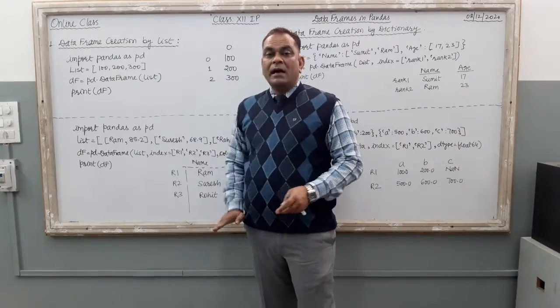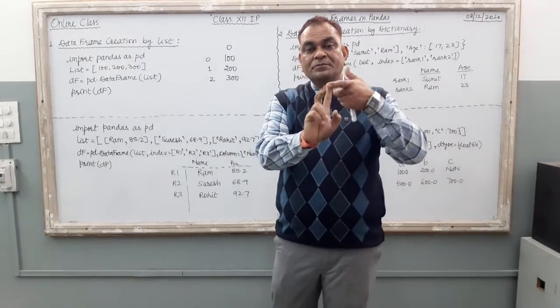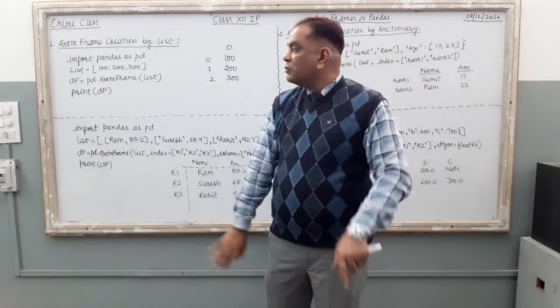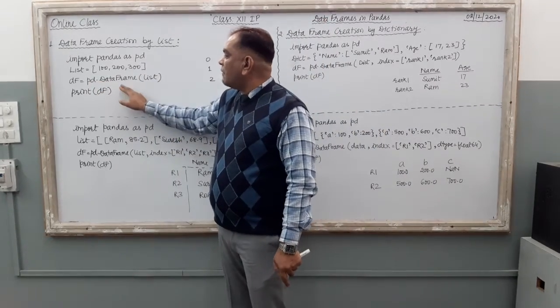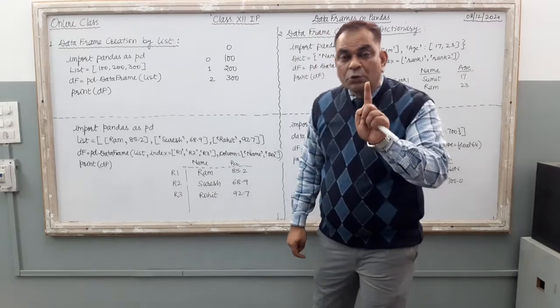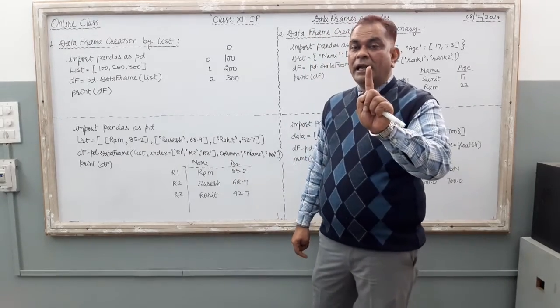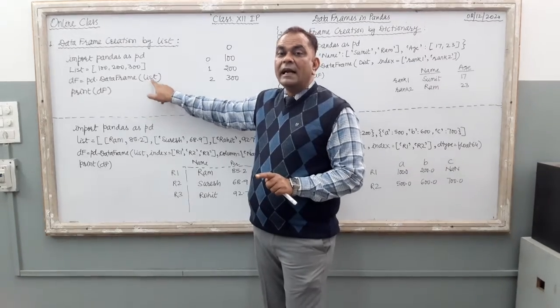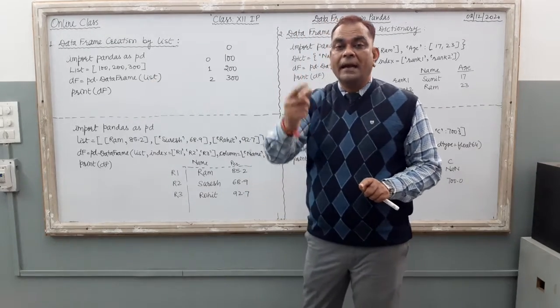With this command, you can use data, index, columns and dtype. Clear? So here list is there, pd dot DataFrame. Here inside the bracket I just use one parameter only. The parameter is list. It is the data part of your data frame.